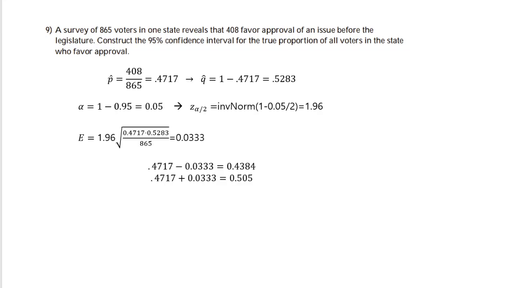All right. Now you do p hat plus or minus E, so I subtracted this value from the p hat, and I got the two values, and these will be the lower critical limit and the upper critical limit of the confidence interval with 95% confidence. Okay, so that will be your answer, and that's it.